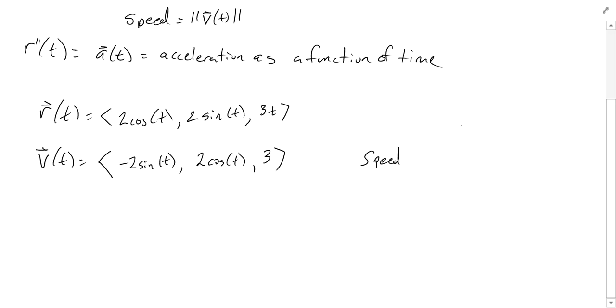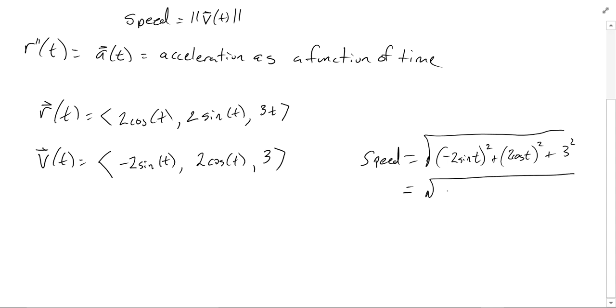And if we need it, the speed that we're traveling, which is how fast you're going without any sort of direction involved, will be the magnitude of our velocity, so the square root of minus 2 sine t quantity squared, plus 2 cosine t squared, plus 3 squared. So it will be the square root of 4 sine squared t plus 4 cosine squared t plus 9.